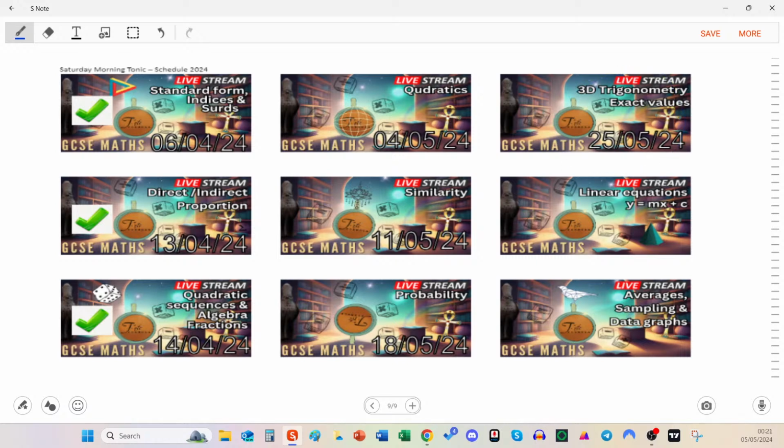Exact values in trig. Linear equations, that's a pretty foundational topic. Averages, sampling and data. It's definitely going to come up, but it's never worth as many marks as the other stuff. So what do you think? Is there any that I should push forward?